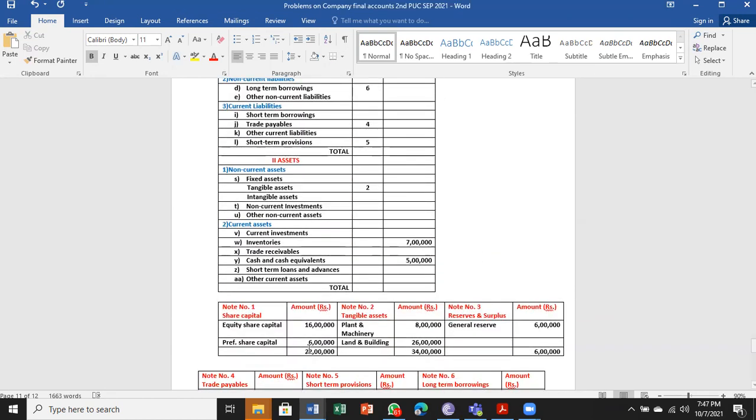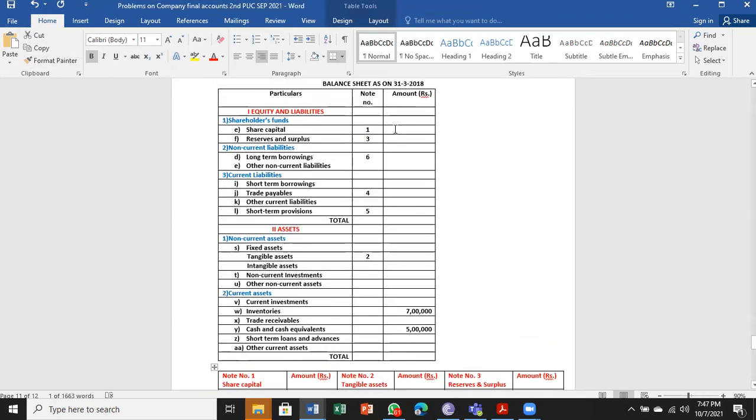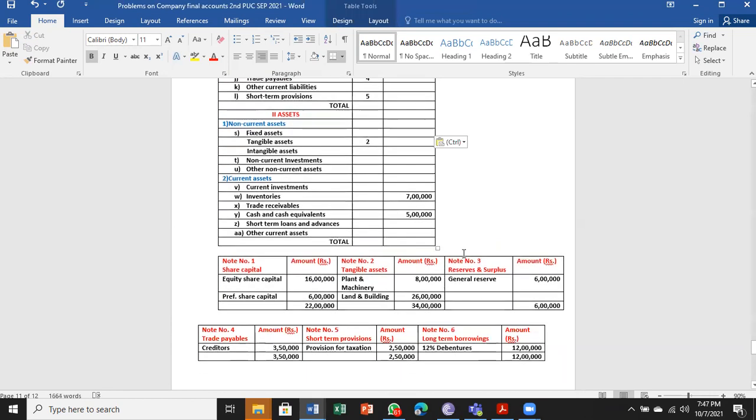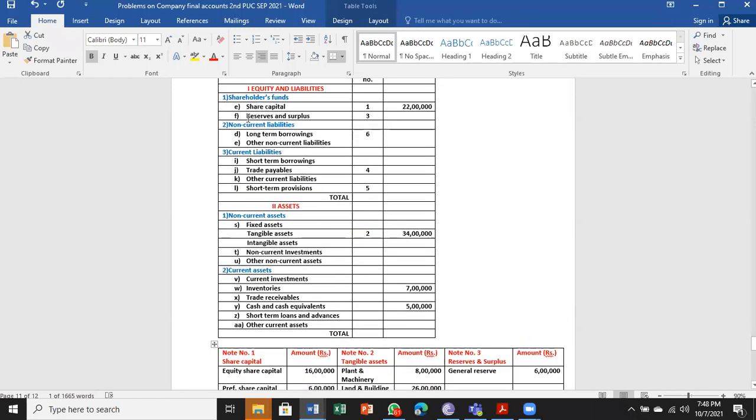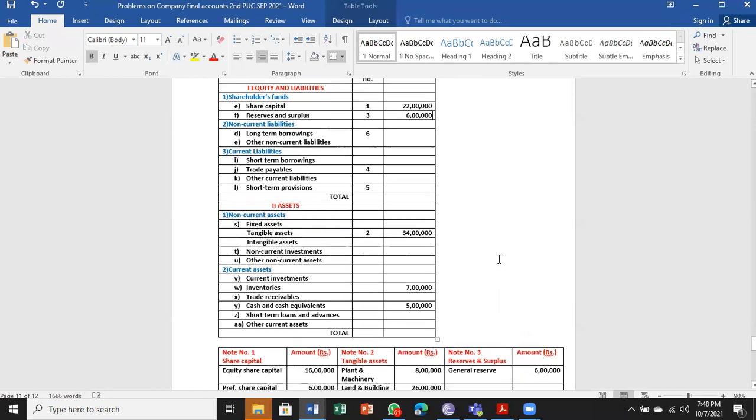So 22 lakhs share capital, then tangible assets under fixed assets. Next, general reserve comes under reserves and surplus.